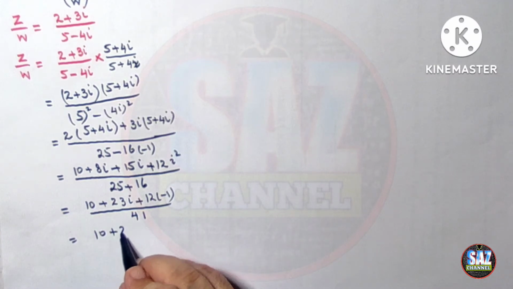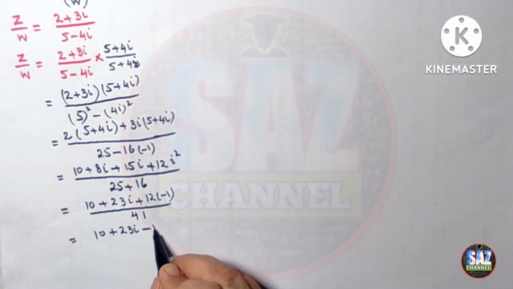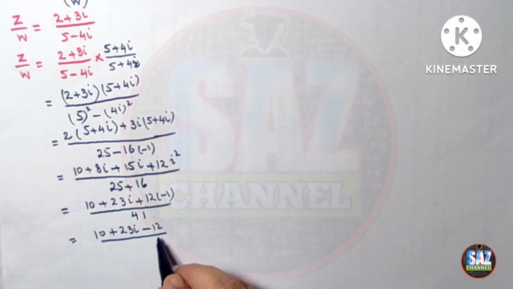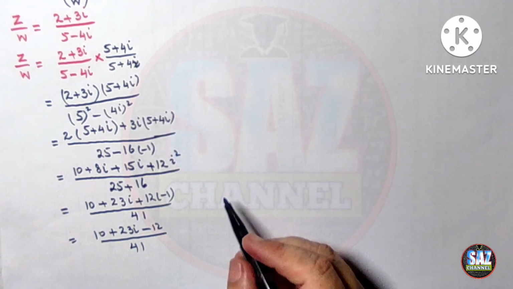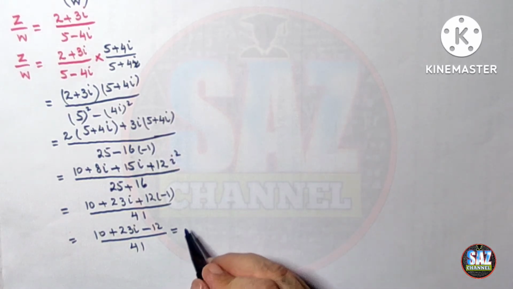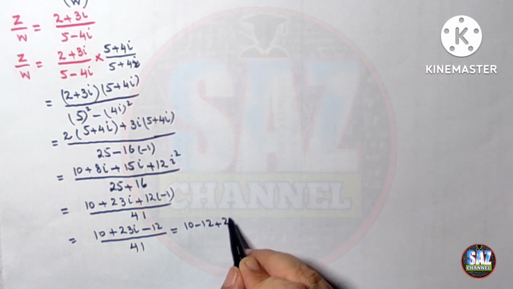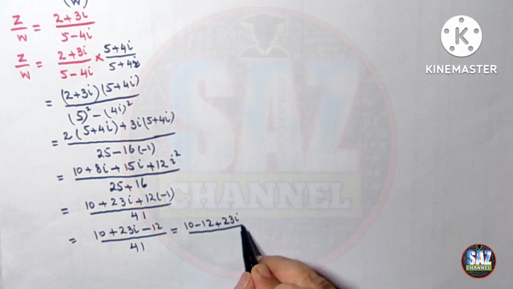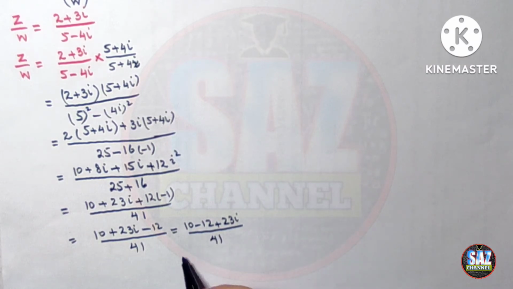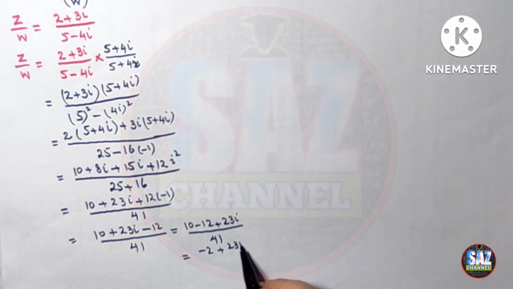Let me write it as it is: minus 2 plus 23 iota by 41.